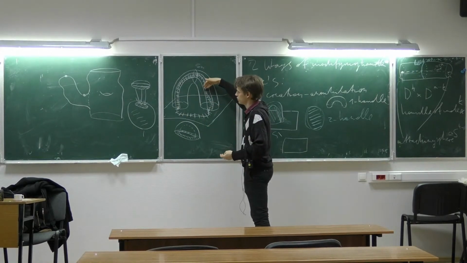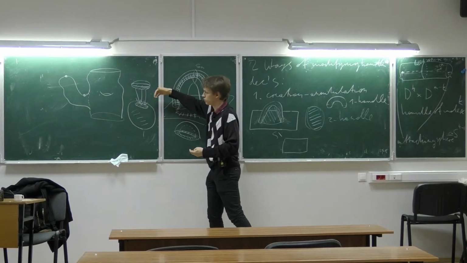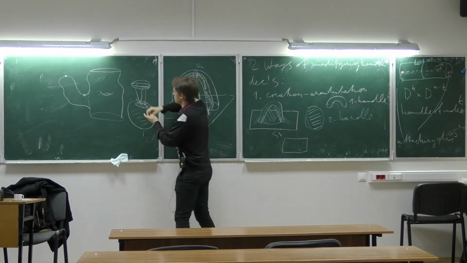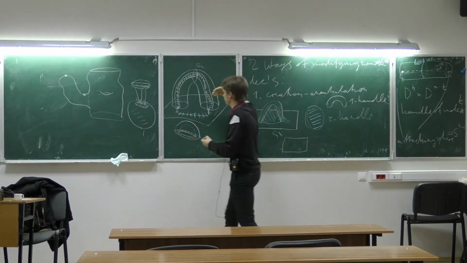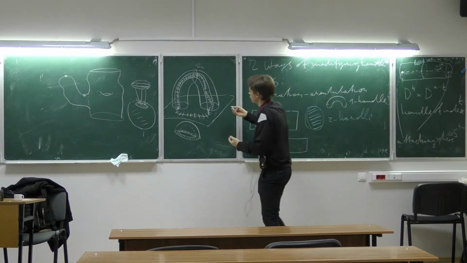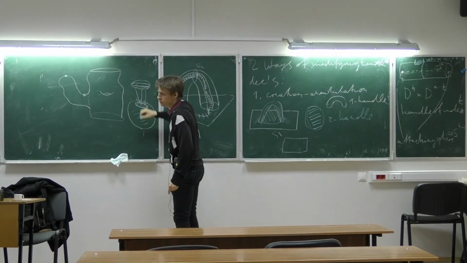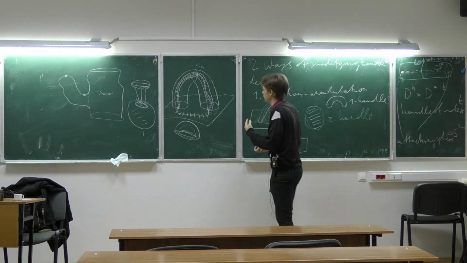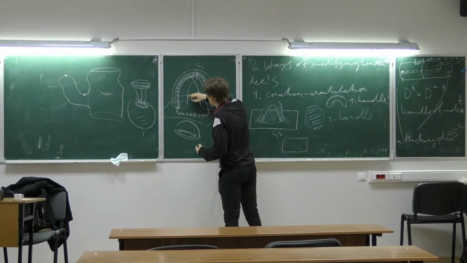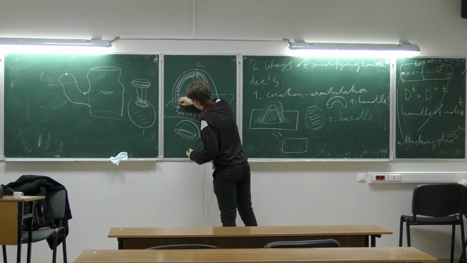Without attaching this handle, we won't be able to compress the corresponding disk on the first handle. So what is this boundary disk I want to specify here? The first boundary disk is done in the following way. It is this part of the handle.